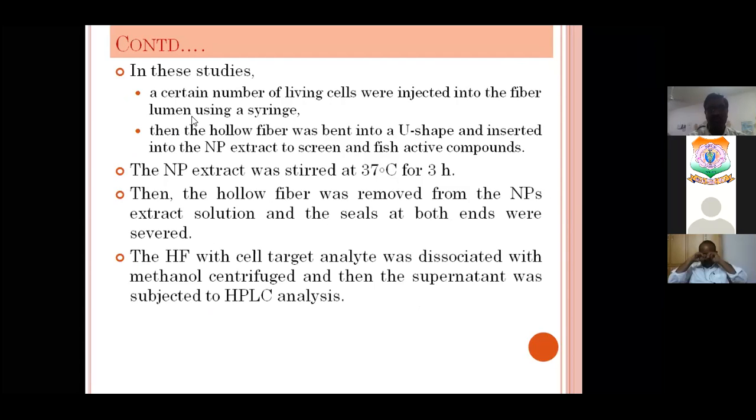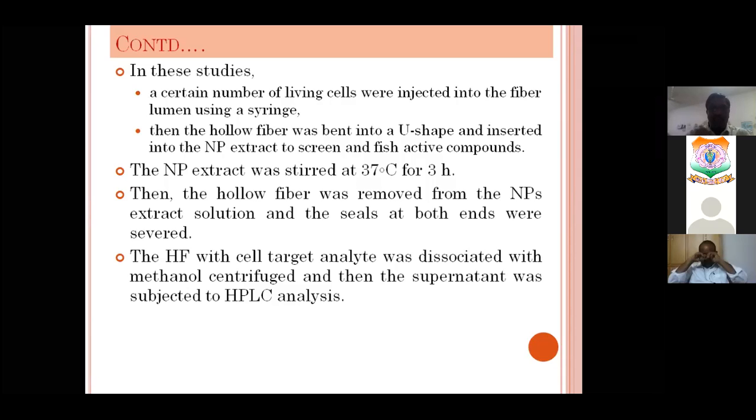In the hollow fiber cell culture method, they take a number of living cells and inject them into the fiber lumen. There is a fiber, I will show you in the diagram. Living cells are inserted into the fiber tube with the help of a syringe.